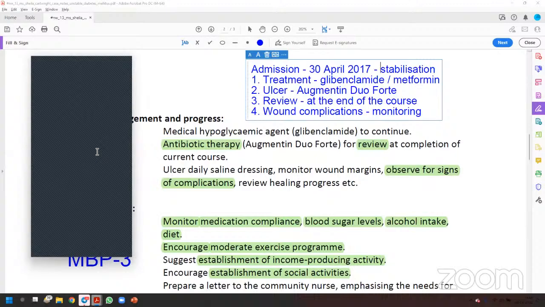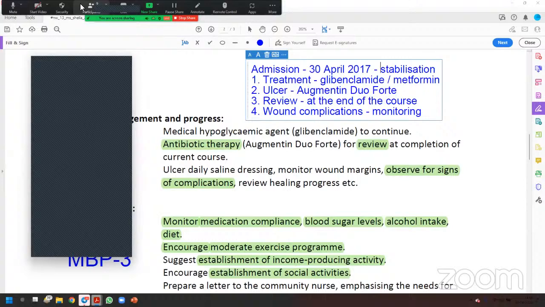That's all. So I'm teaching you different sentences.